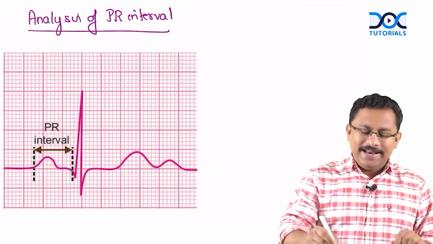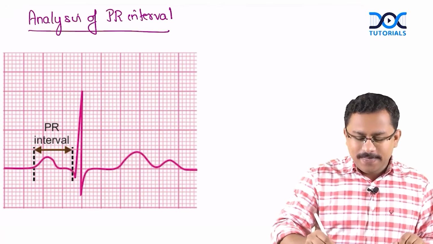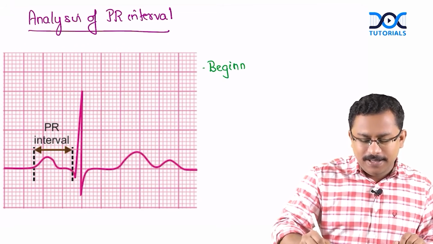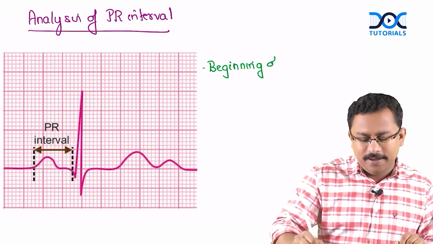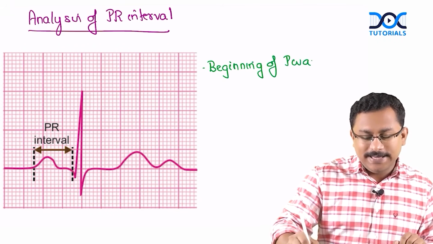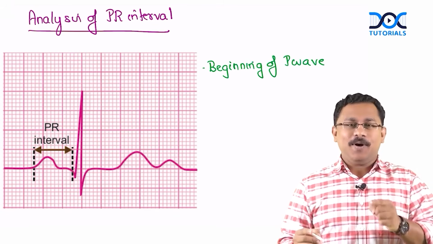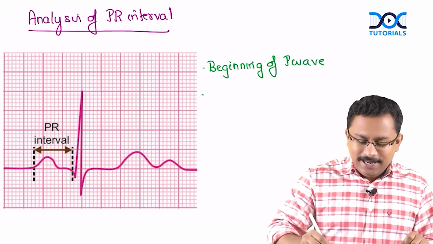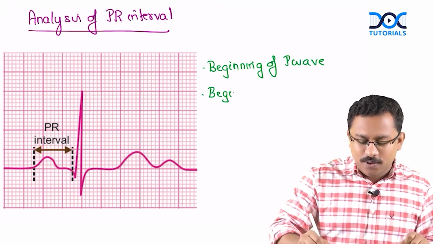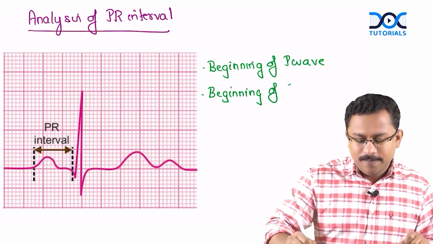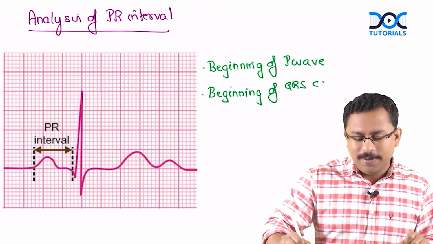The PR interval extends from the beginning of the P wave, meaning the beginning of atrial depolarization, till the beginning of the QRS complex.